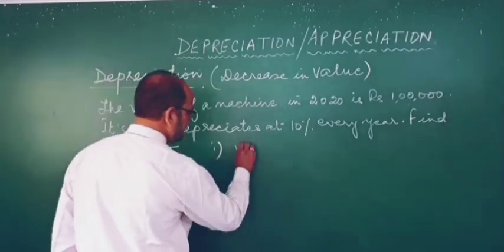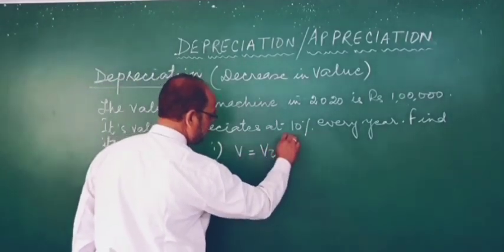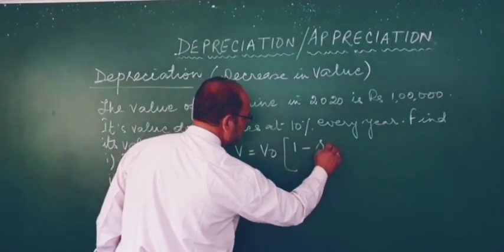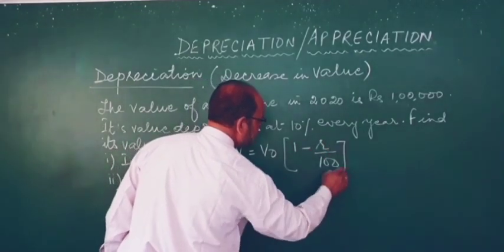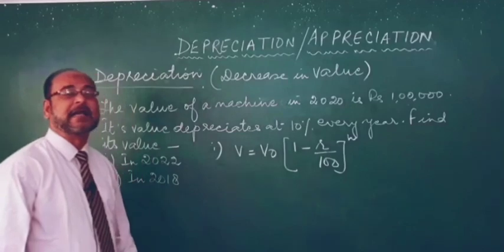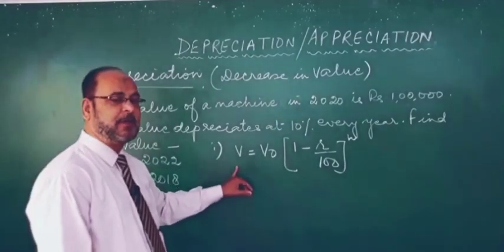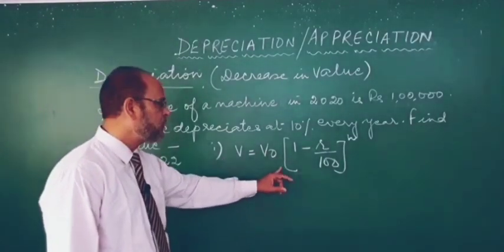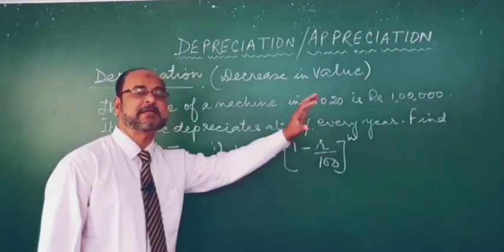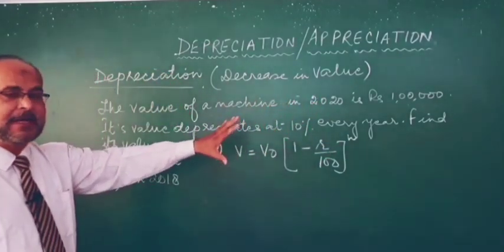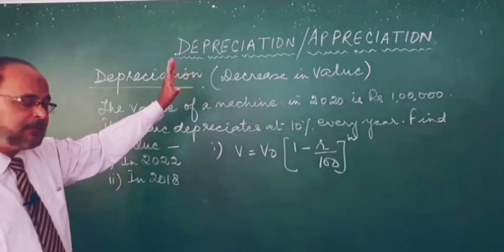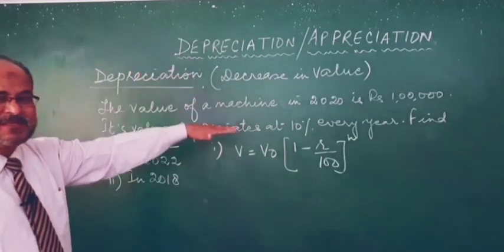So we will apply this formula V equals V0, but make sure when depreciation takes place, we write the formula with a negative sign. Here the formula will be V equals V0 (1 minus R upon 100) to the power n. The formula is the same for growth and for depreciation.